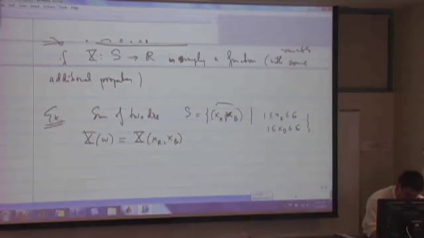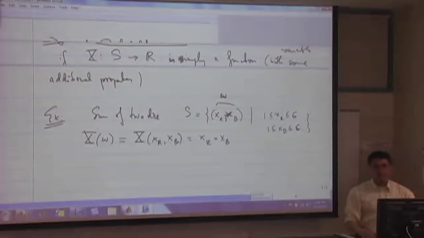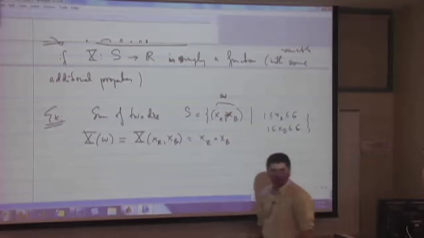And by the way, we oftentimes use omega, or it's customary to use omega as a possible outcome. So x of omega, or x of RB, is the sum of the two. That is a random variable, okay? And it's just a function.